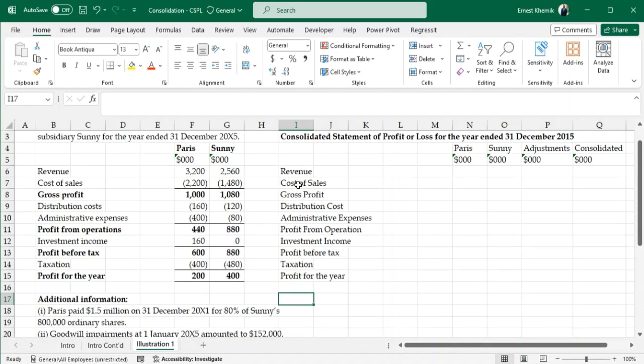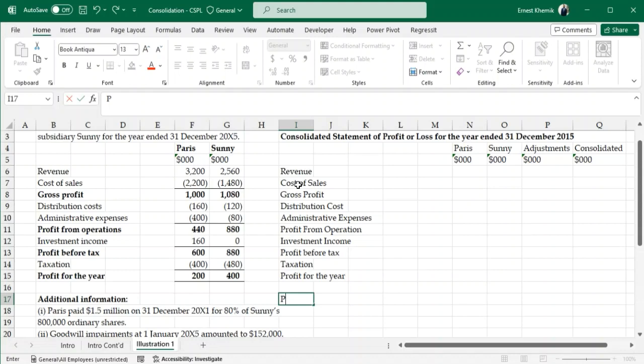Then, in addition to this, we are going to split the profit for the year between the non-controlling interest and the shareholders of the parent. All right, so this is how we are going to do it.